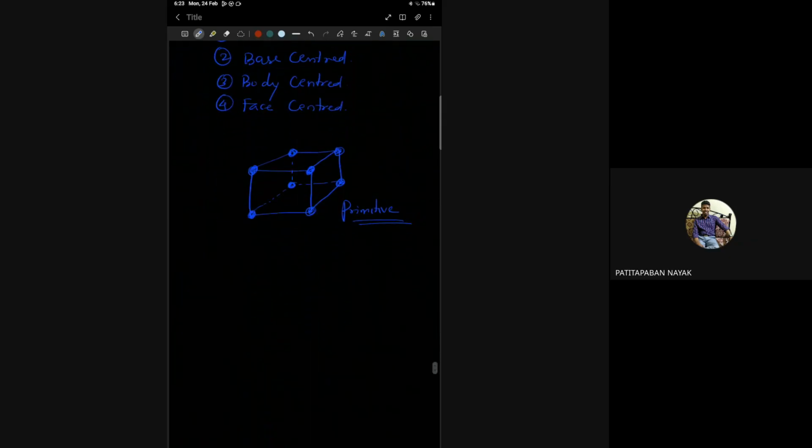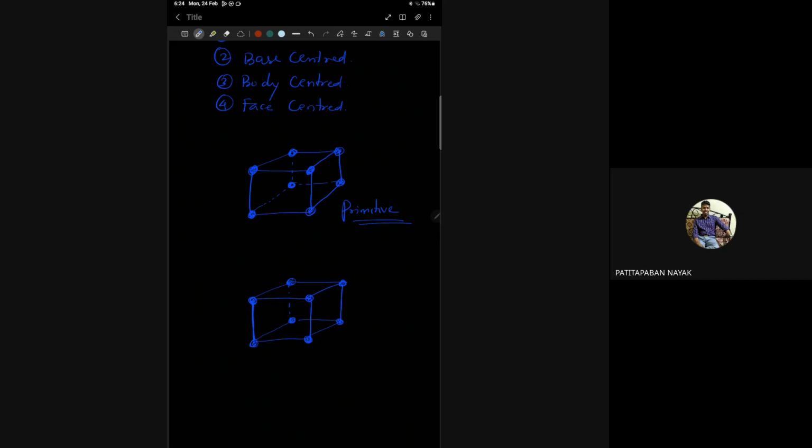So next, let's say we have another type. Now what happens if we have atoms at the corners first, and then we take the base.